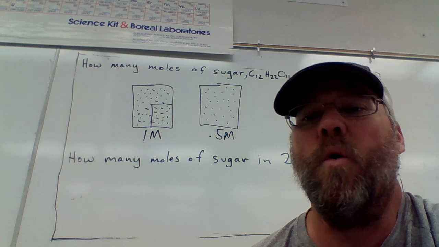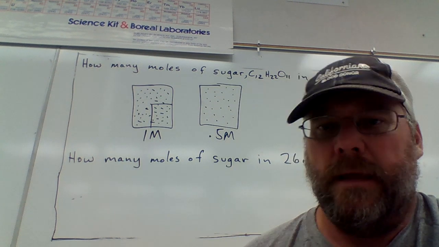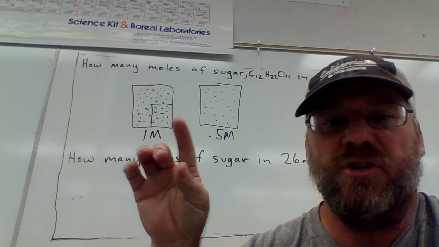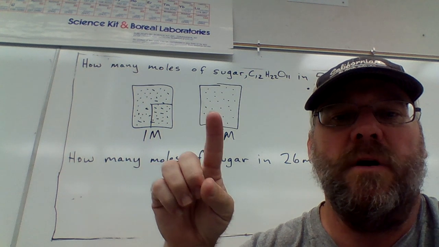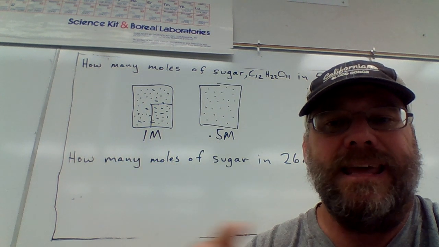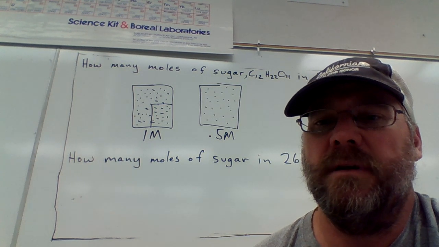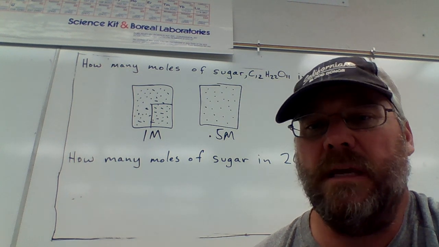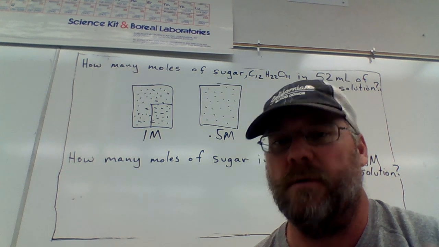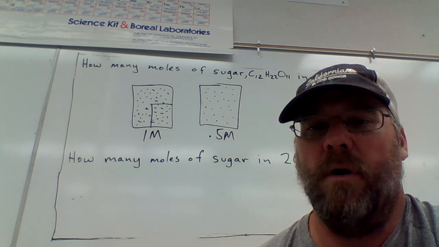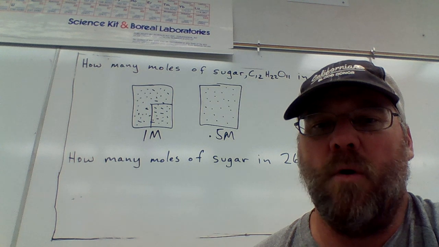Now I've got a quarter of a mole in that one little chunk. I've got maybe 250 milliliters in that little box, and that 250 milliliters being 1/4 of a liter, if it's 1 molar solution, then it would have 1/4 of a mole in there.